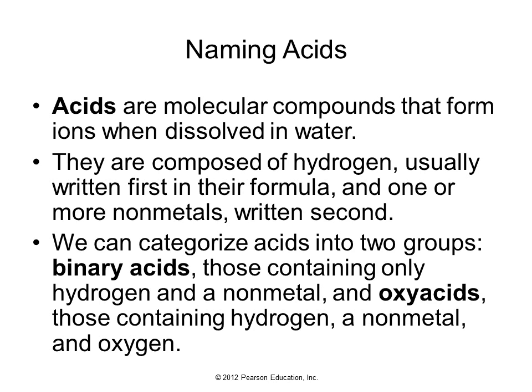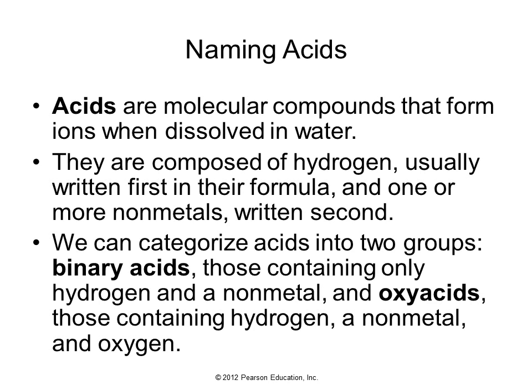Naming acids. This is the last bit of nomenclature. Acids are molecular compounds that form ions when dissolved in water. More specifically, they are composed of hydrogen, which becomes a hydrogen ion to make it an acid. Usually the hydrogen is written first in the formula, followed by one or more nonmetals.